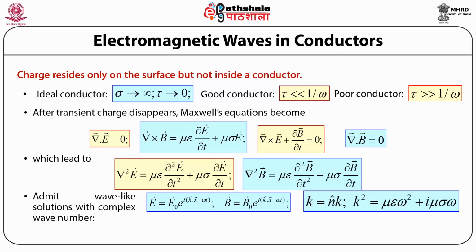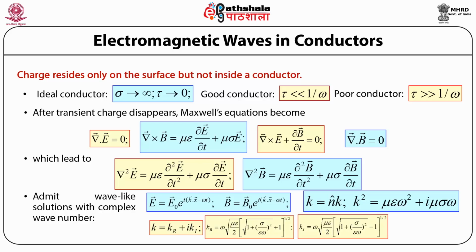On taking the square root, we can write k = k_real + i k_imaginary. k_real = ω √(με/2) √(√(1 + (σ/ωε)²) + 1).